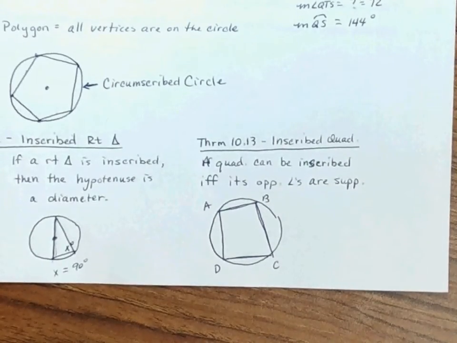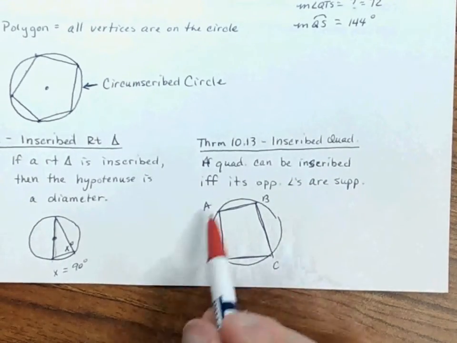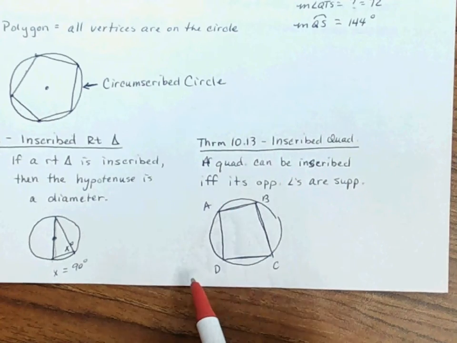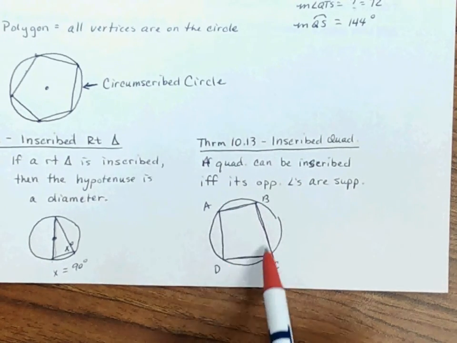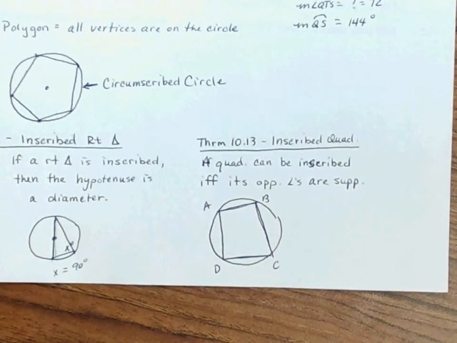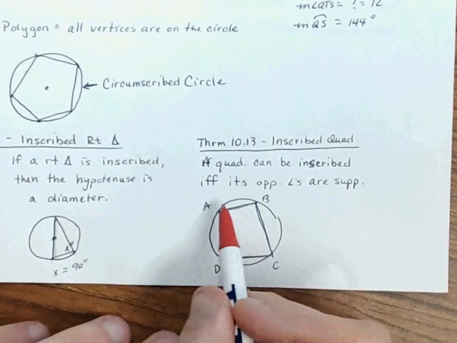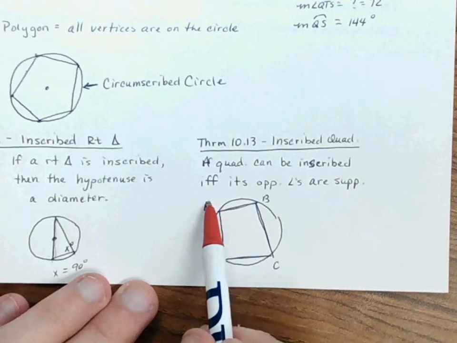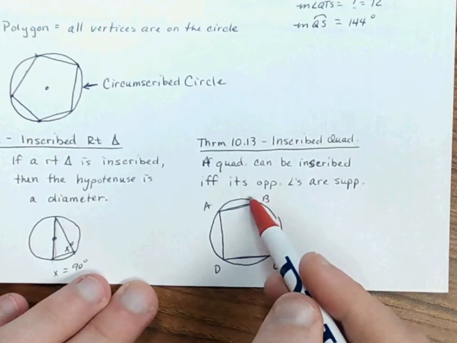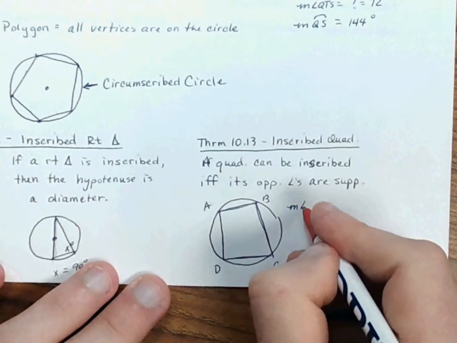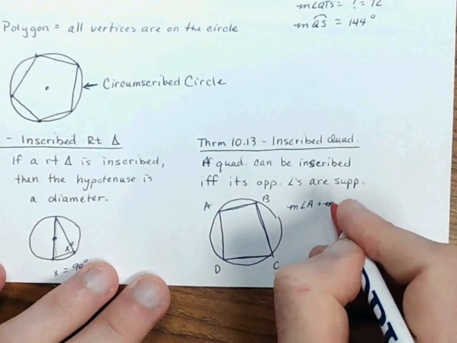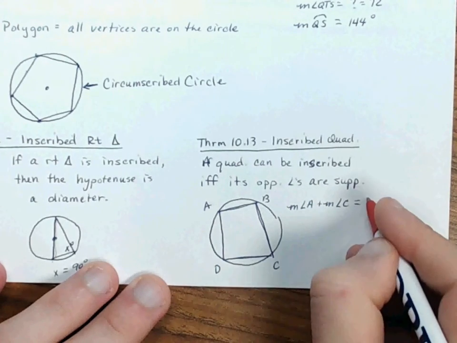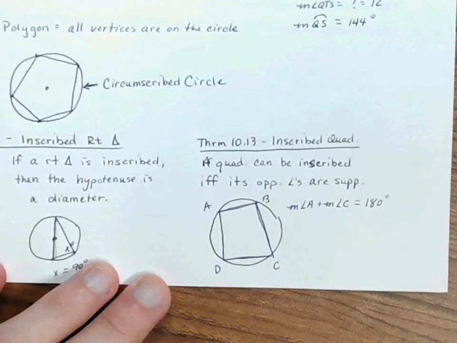Alright? So, based on this theorem, the only way that this quadrilateral could actually be inscribed is if its opposite angles, so looking at the opposite angles, it would be A and C, and then B and D. So the measure of angle A plus the measure of angle C is going to have to equal 180 degrees.